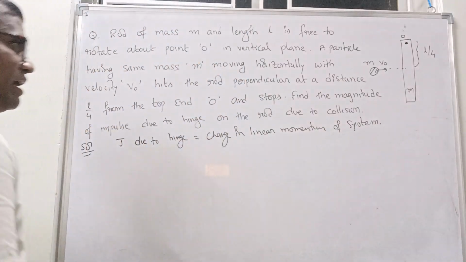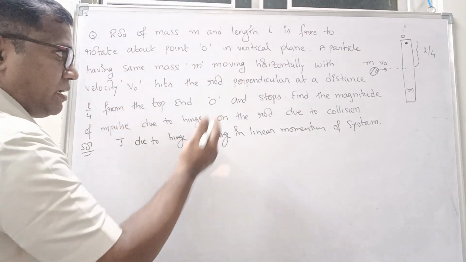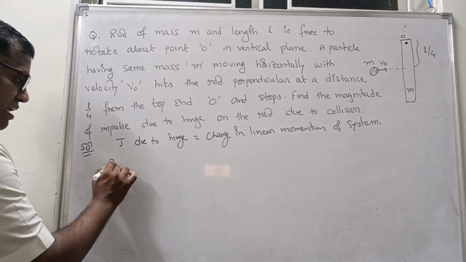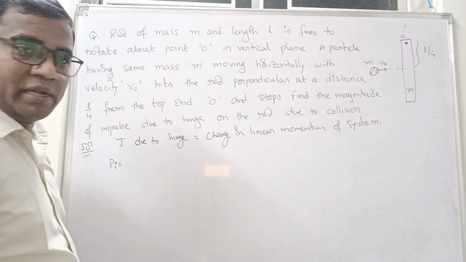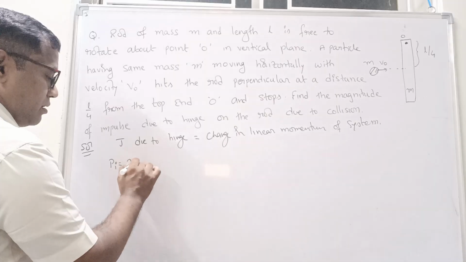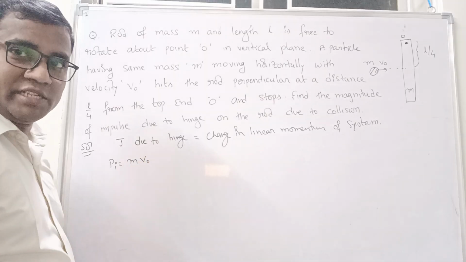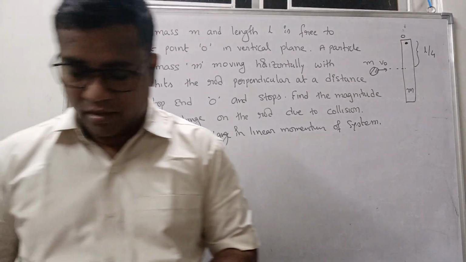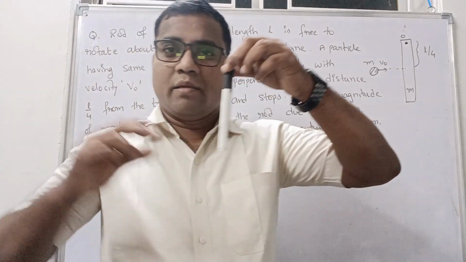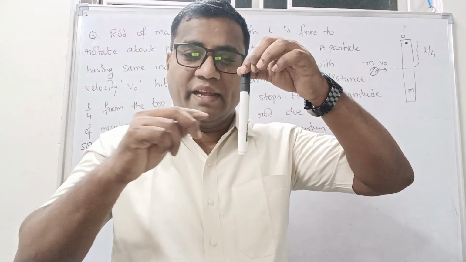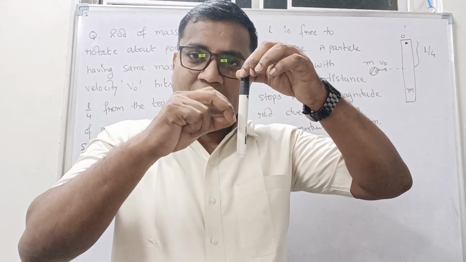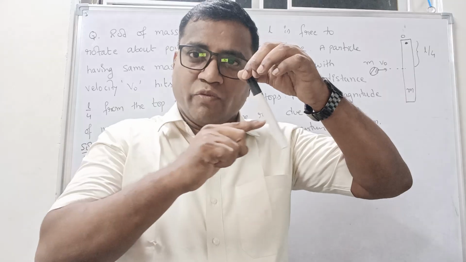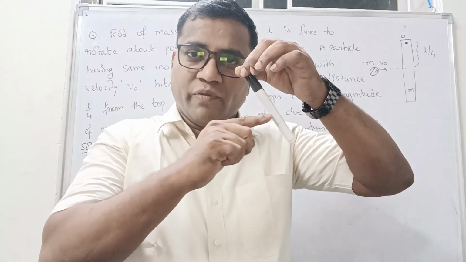So now see here, initially, for the particle, the initial momentum Pi is mass into velocity. The particle is coming with this initial momentum, and when it hits, the particle comes to rest. So the rod starts moving. Clear?